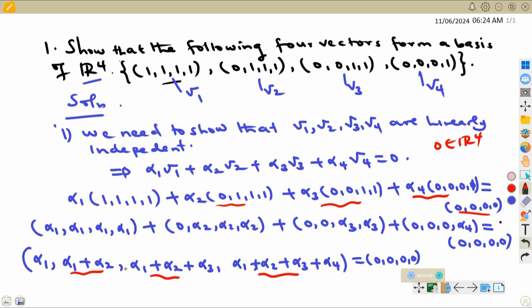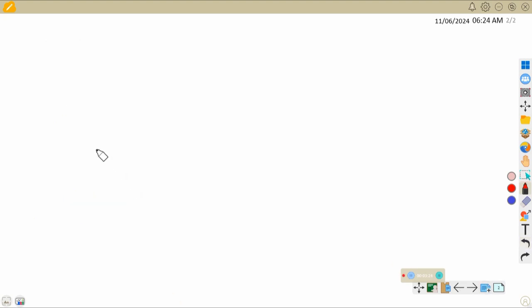So from here, we shall equate the corresponding components because we are saying this vector is equal to that. For that case, it will imply that alpha 1 is equal to 0. Then alpha 1 plus alpha 2 will also be equal to 0.